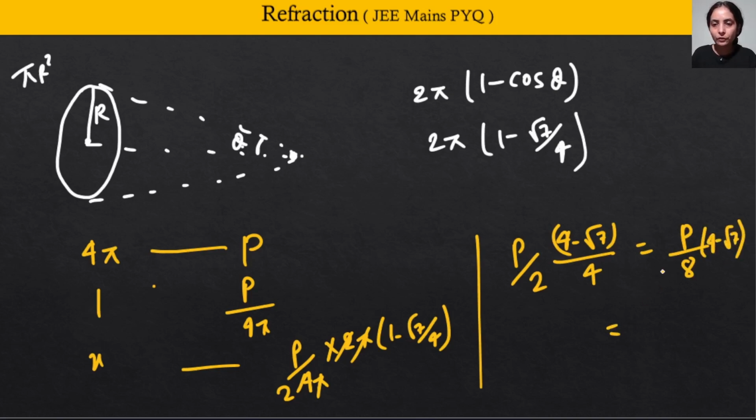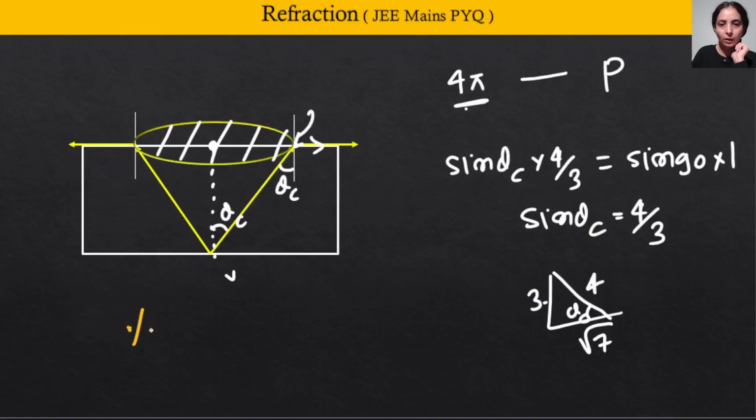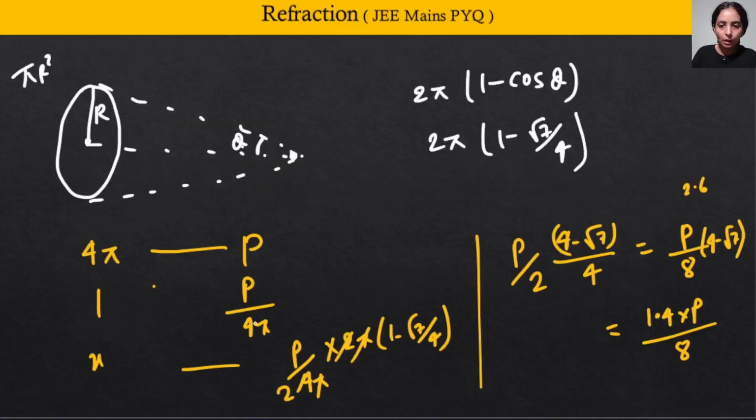Now what will 4 minus root 7 be? Root 7 is near about 2.6, right? So this will become equal to 1.4 into P by 8. Okay? So let us now calculate the percentage. So what will the percentage be? Energy getting received by this is equal to how much? P into how much is it? P into 1.4 by 8.